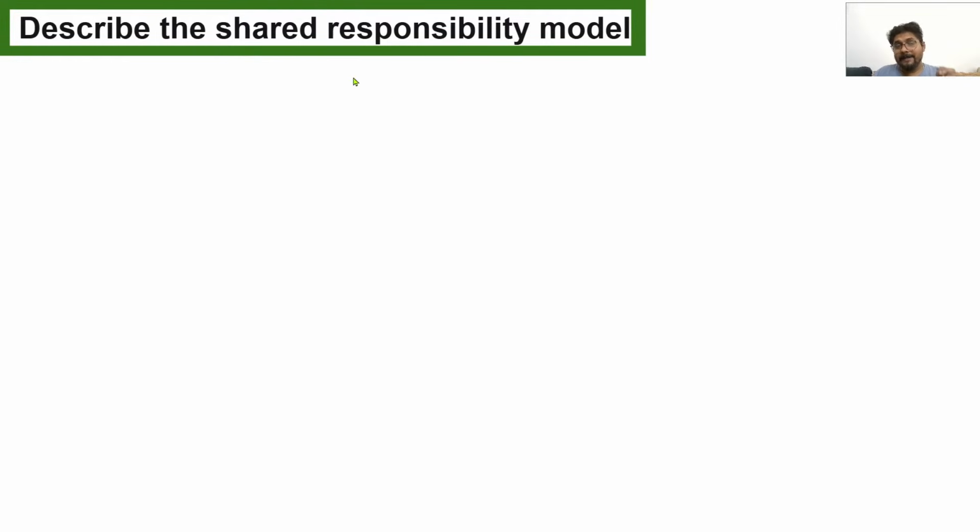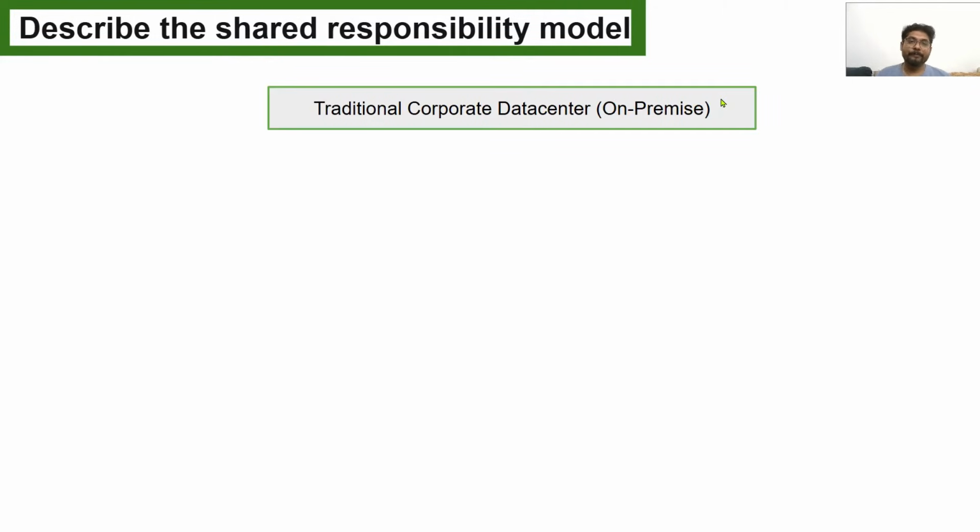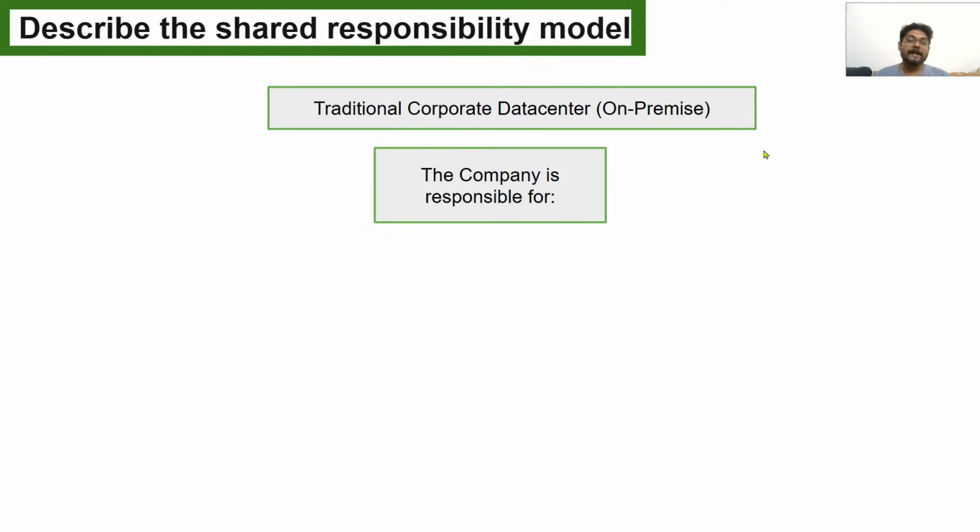Now, let's understand something called the shared responsibility model. Cloud providers like Microsoft work with a shared responsibility model. What is that? I'll show you. Let's imagine you have a corporate data center in your own office. That is generally called on-premise. Now the company is responsible for everything.